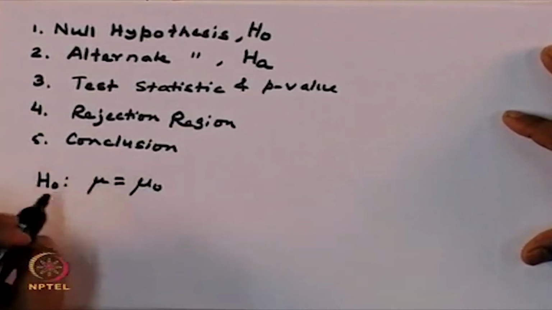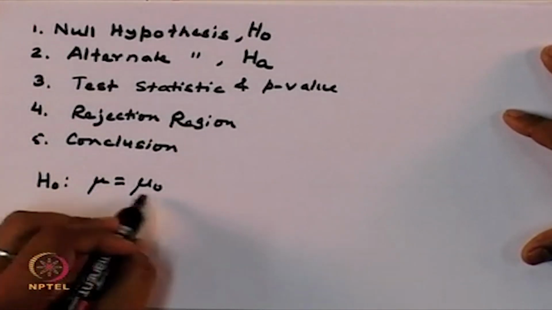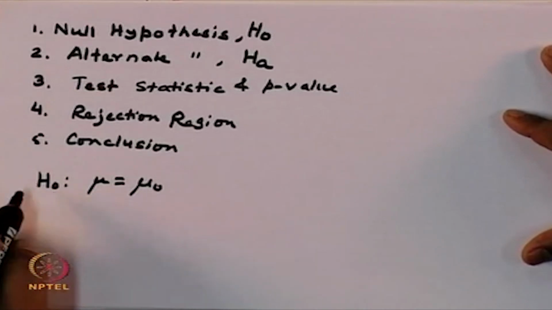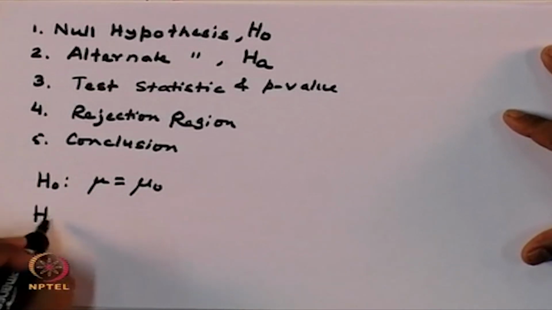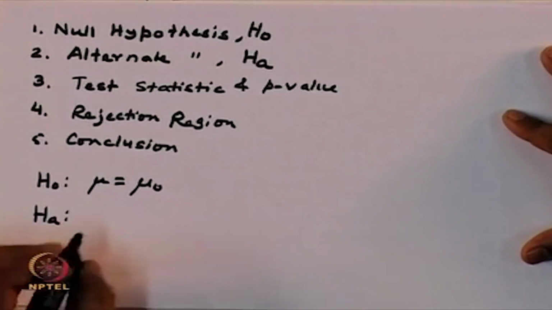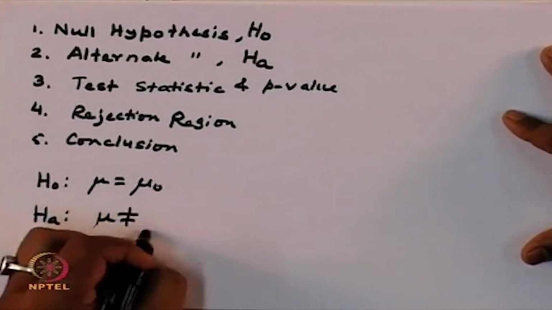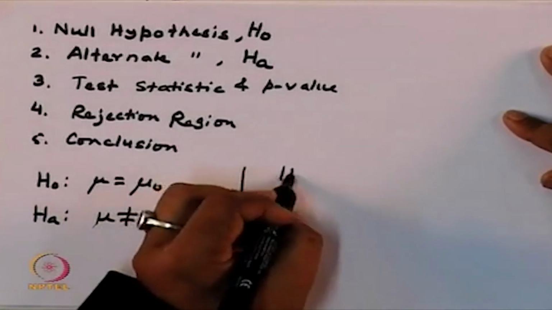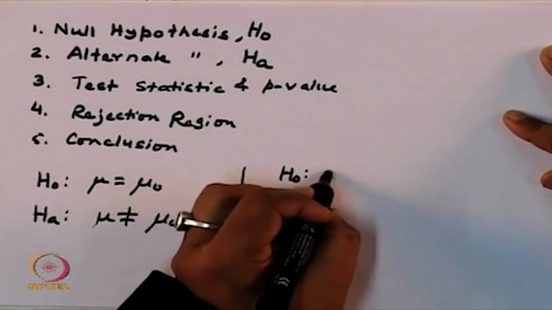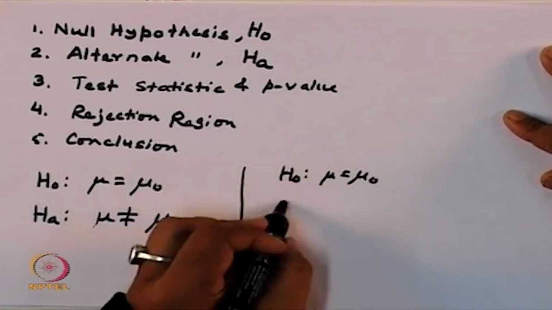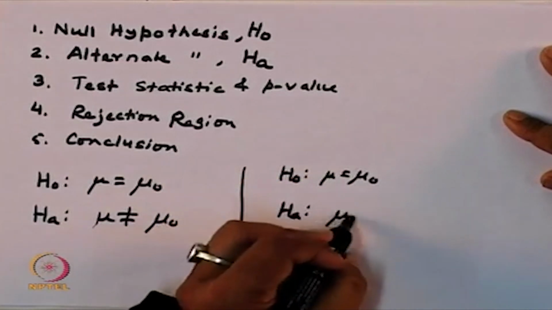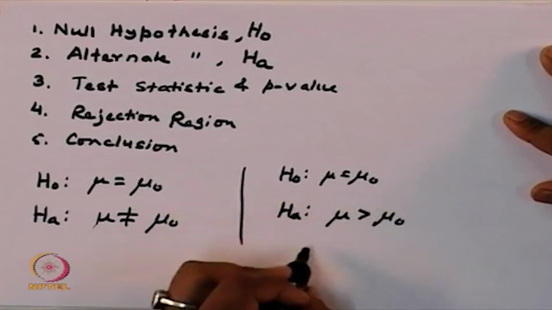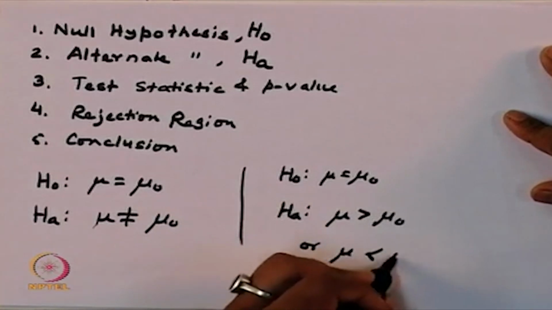In other words, what I am saying is that the productivity of this company is this. I can have an alternate hypothesis either in the form of mu not equal to mu naught, or in another situation you can have H naught as mu is equal to mu naught and H A as mu either greater than mu naught or mu less than mu naught.